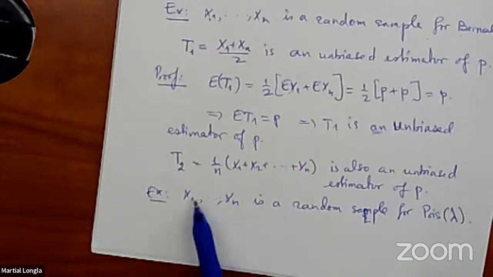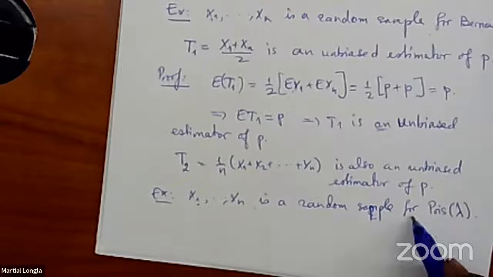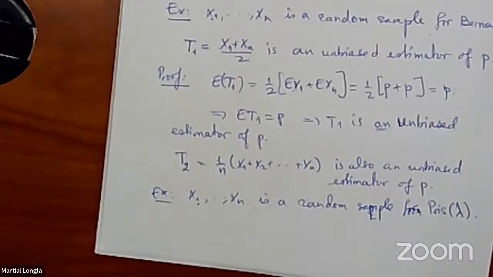Which means any function of x1, xn that has expected value equal to lambda. x1 up to xn is a random sample from the Poisson distribution with parameter lambda. Anyone give me an unbiased estimate of lambda in this case?